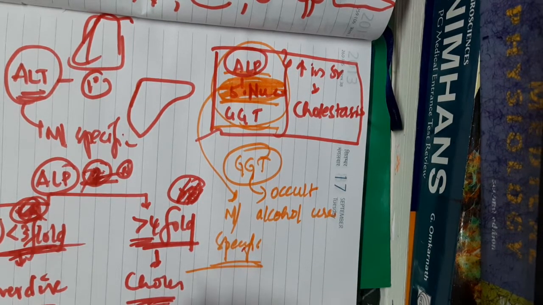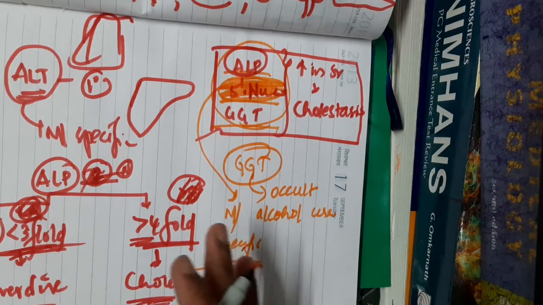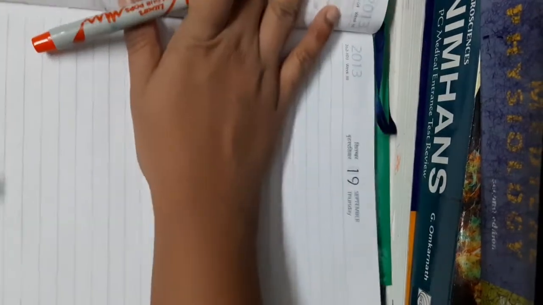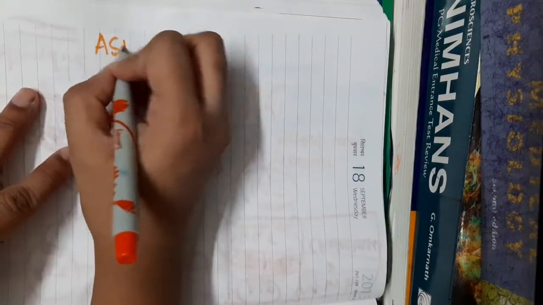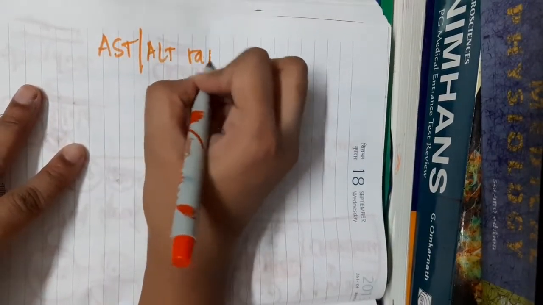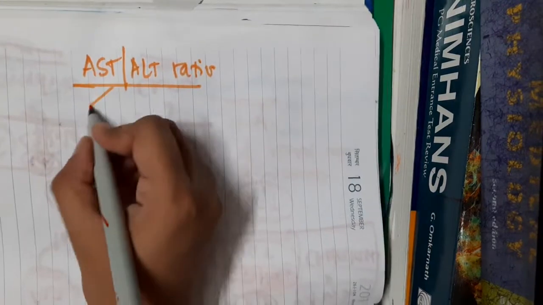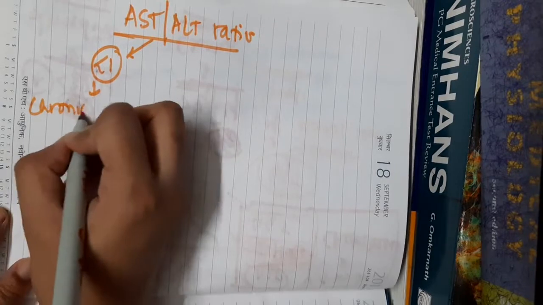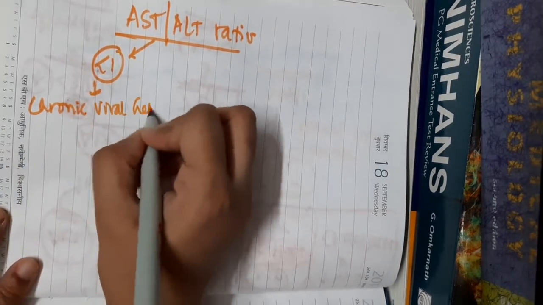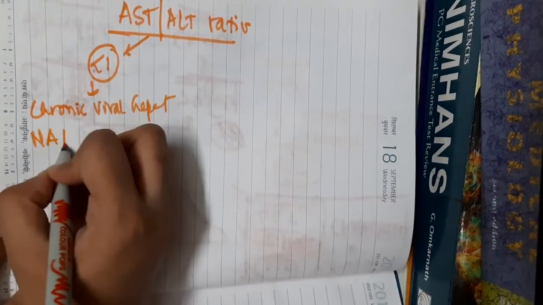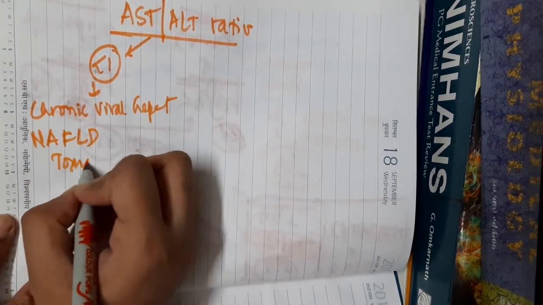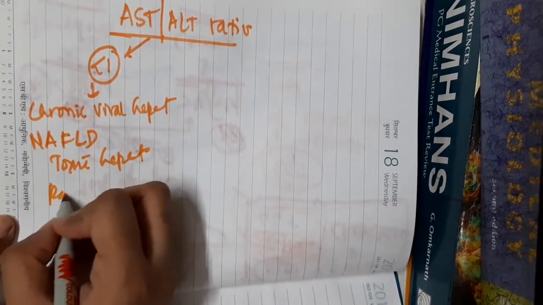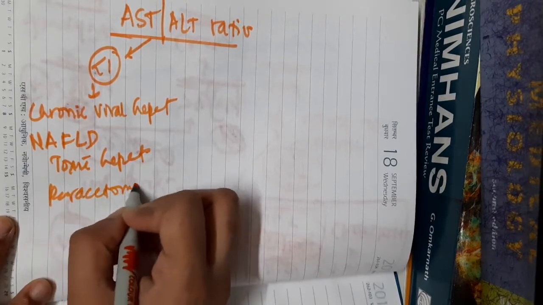So this is about the main enzyme profile in liver disease. One more important thing in liver disease is the AST by ALT ratio. If the AST by ALT ratio is less than 1, it can be due to chronic viral hepatitis, non-alcoholic fatty liver disease, toxic hepatitis, or paracetamol toxicity.